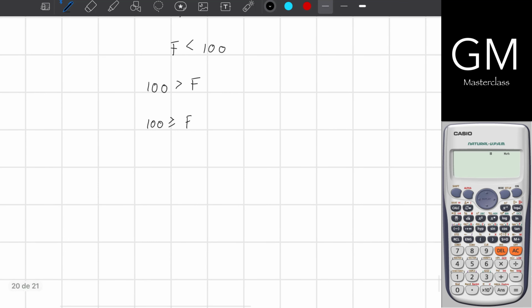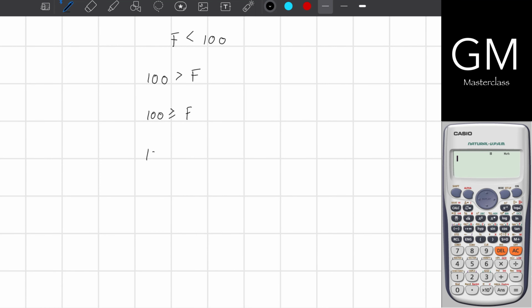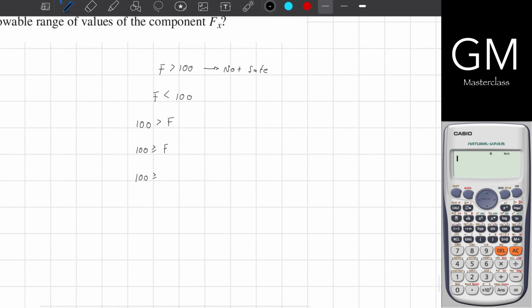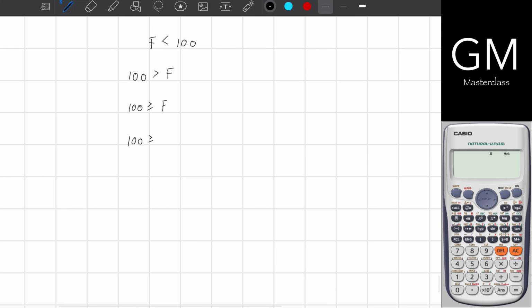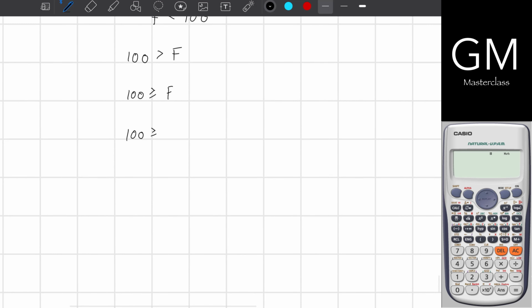But what is F? Well, F has a magnitude that I don't know yet, but F has two different components, Fx and 80. When you want to know the magnitude of a vector, all you have to do is to sum each component squared, and take the square root of all that.